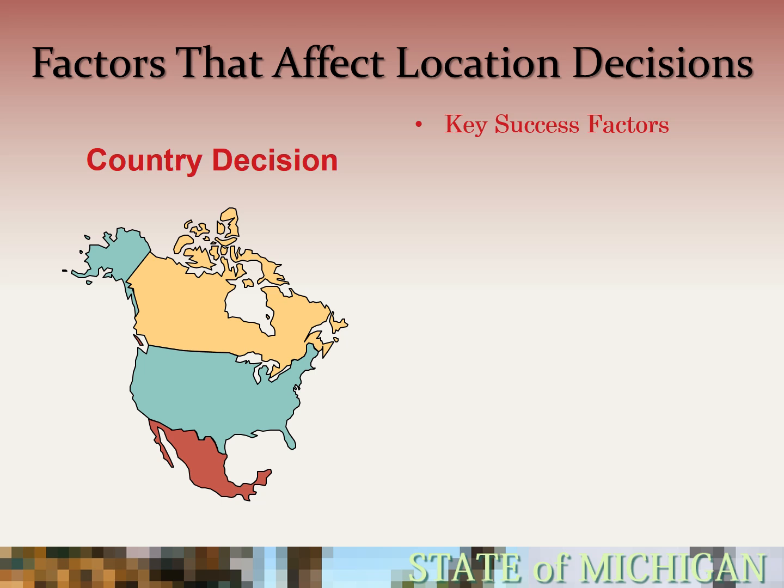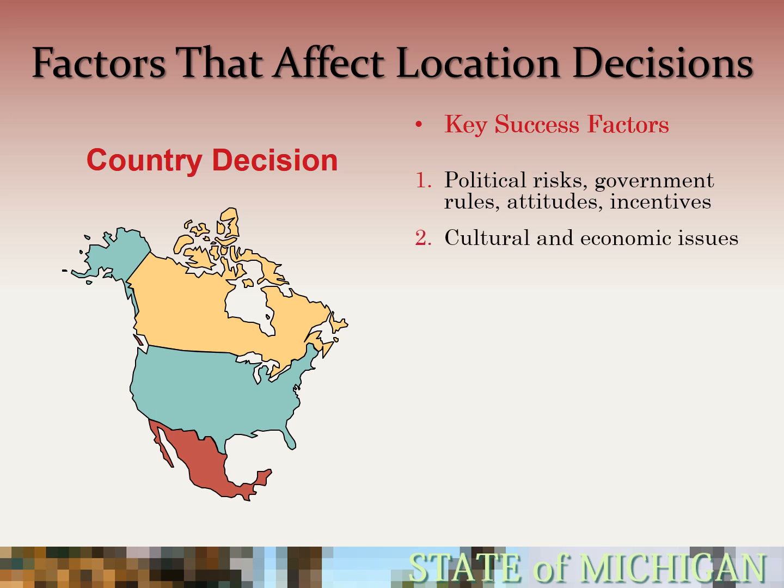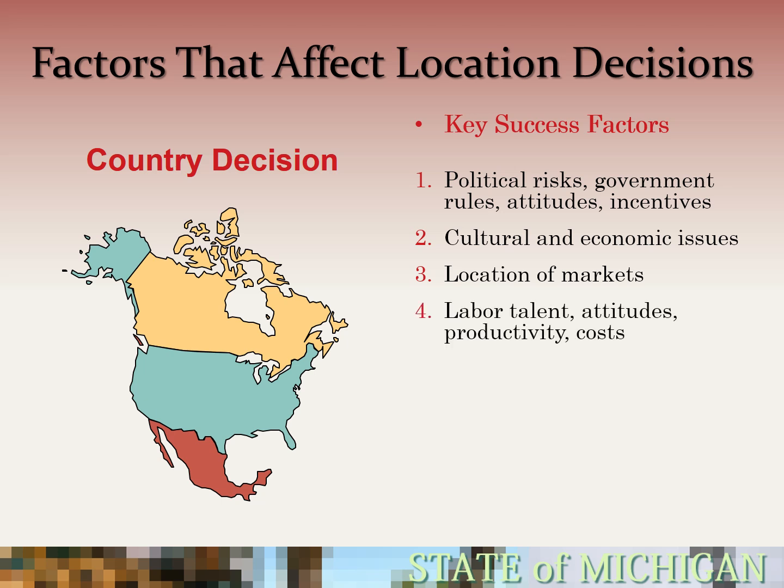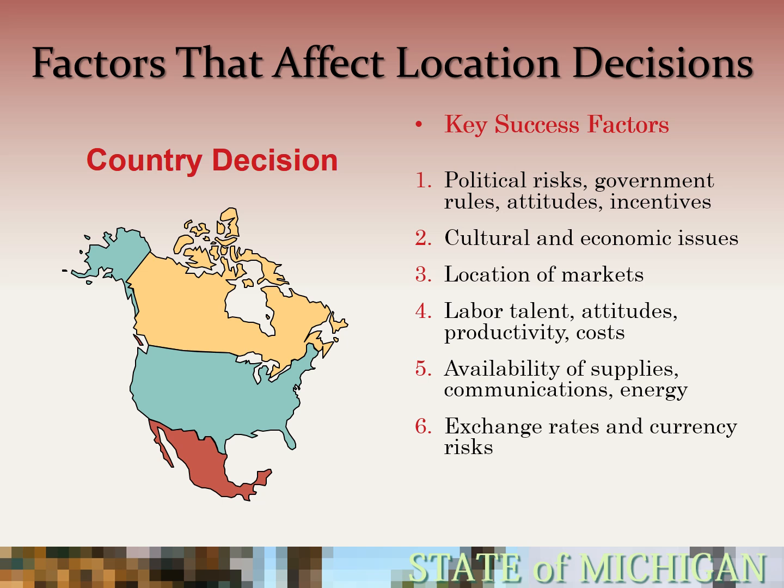So, key success factors are political risks, governmental rules, attitudes, or any incentives, culture and economic issues, location of the markets, labor talent, attitudes, productivity, costs, etc., availability of your supplies, your communication, and energy, very important, exchange rates and currency risks.